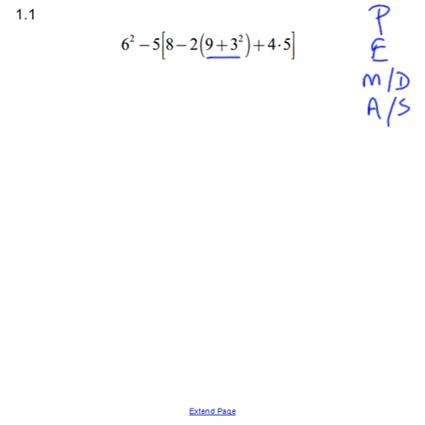We don't have any more parentheses inside of that. So I look for exponents, and there is an exponent. So I'm going to do this first. So I'm going to copy everything else down because I want to make really sure I remember to do everything. So I've got 9 plus, and this says 3 squared, so that's 9.